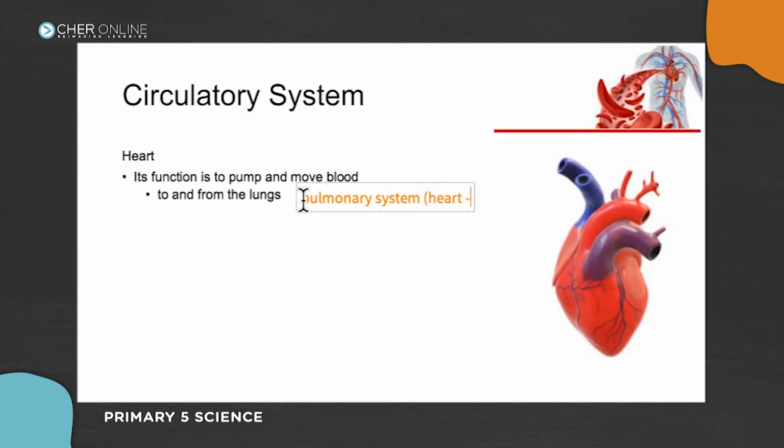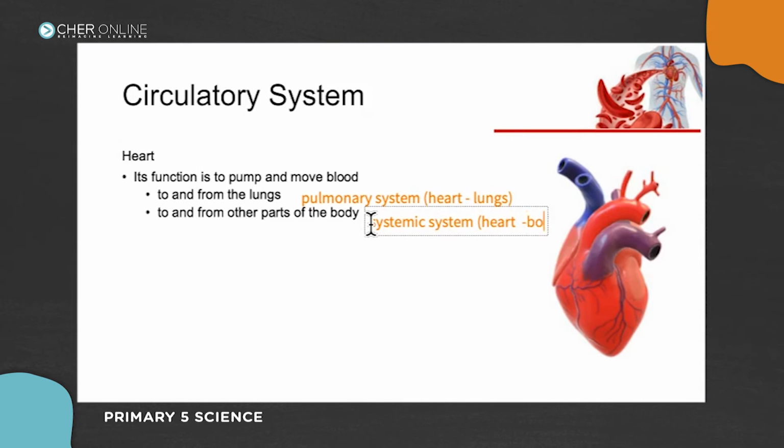Heart to lungs. At the same time, we also have blood that moves to other parts of the body other than the lungs. This is called the systemic circulation, where blood moves from the heart to other parts of the body.